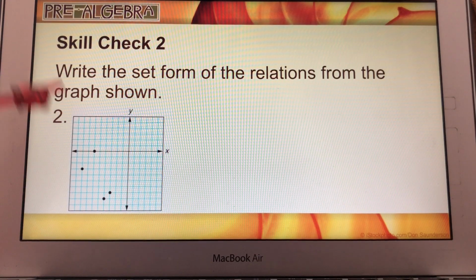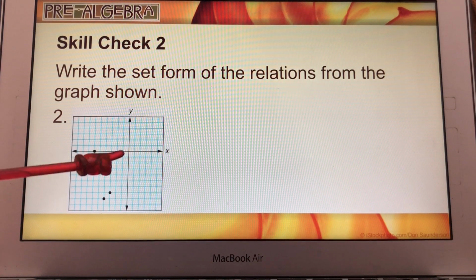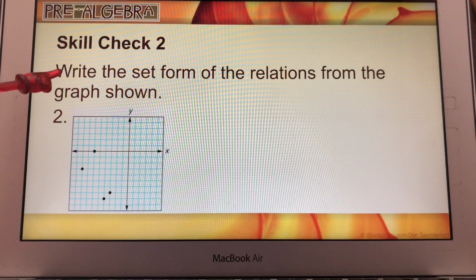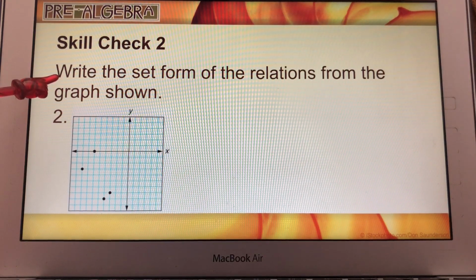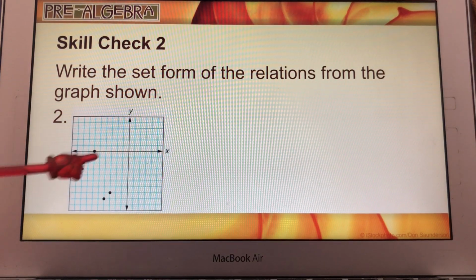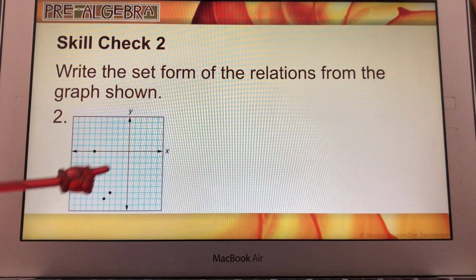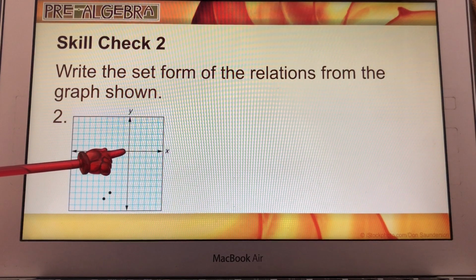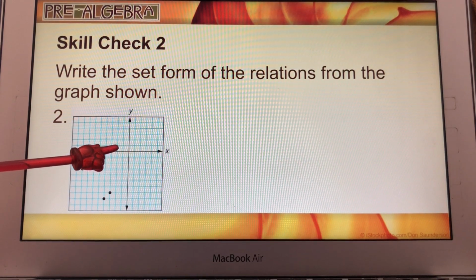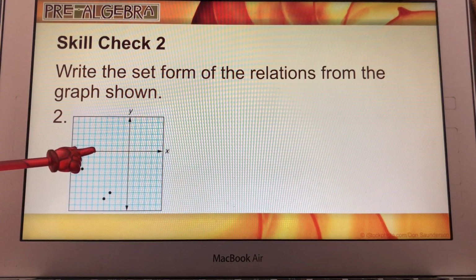Okay, now for these sets here, it says write the set form of the relations from the graph shown. So if you're given this graph, then again, like we did in the last example, you would write the coordinates down. Okay, so here's -1, 2, 3, 4, 5, 6.